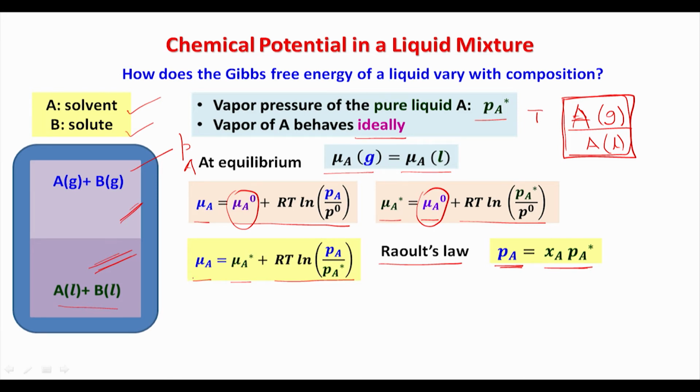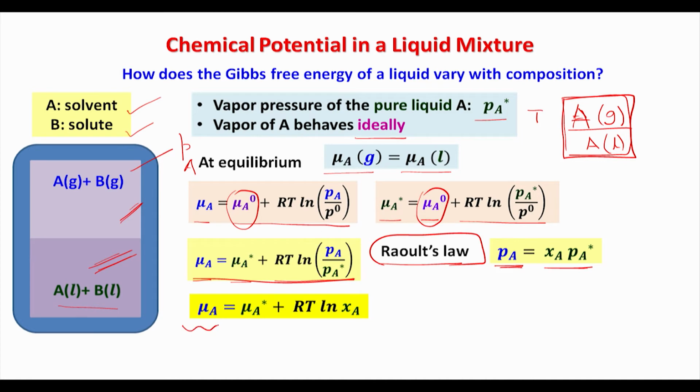Now, if I combine this expression with Raoult's law, what should I get? I get mu A, that is the chemical potential of the component A in the vapor phase in a situation like this, equal to mu A star plus RT ln XA.